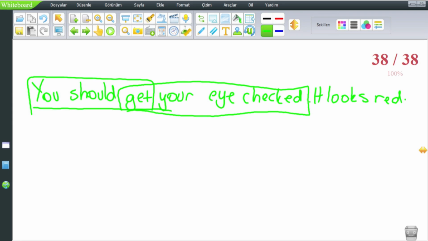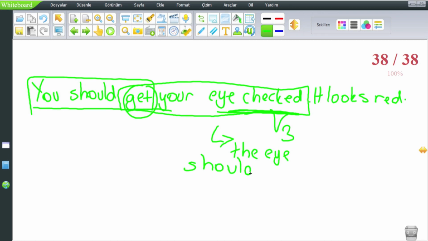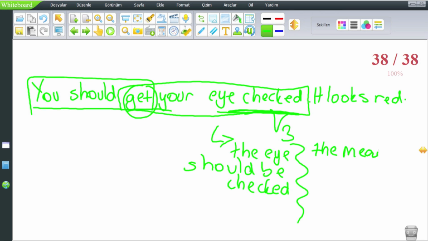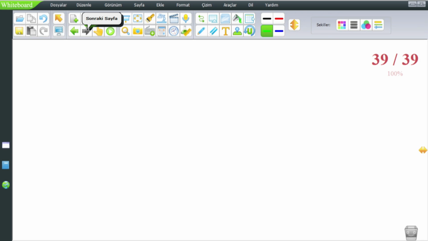And here, my eye is used with get and verb 3. And this means that the eye should be checked. It gives this meaning, and as meaning, it is a passive sentence.